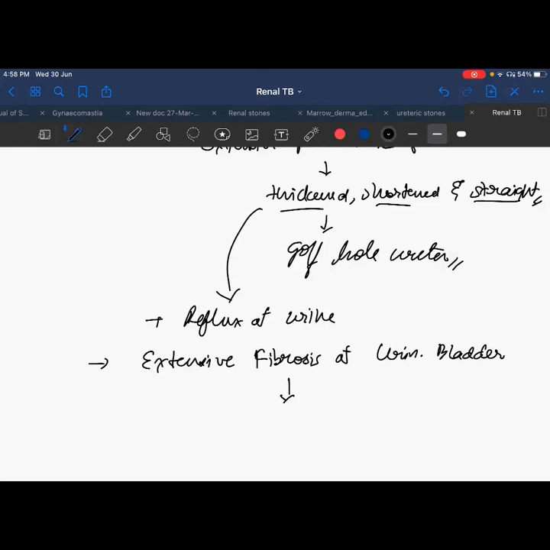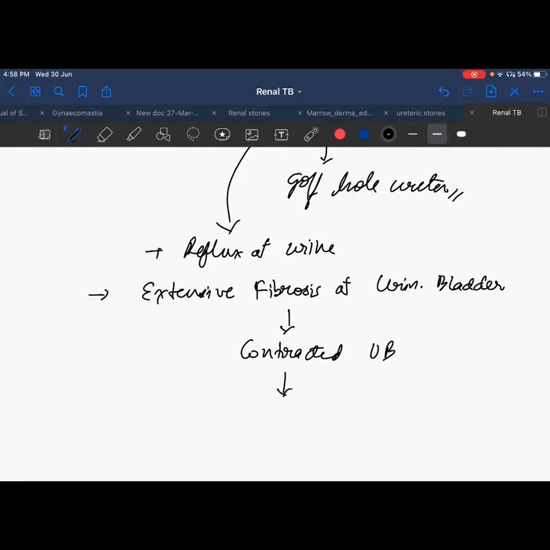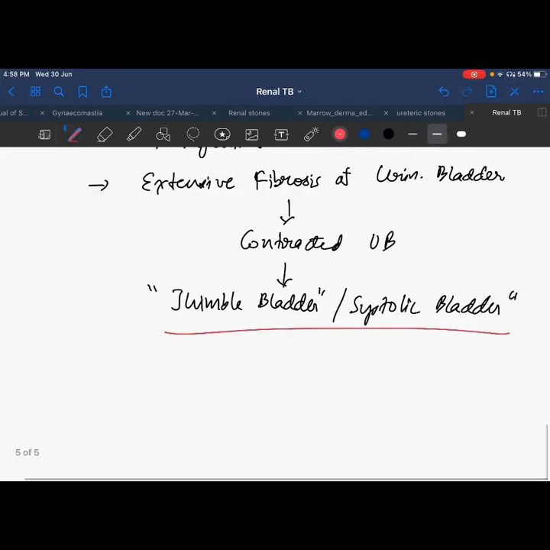There is reduced capacity to collect urine, and it will appear as if the urinary bladder itself is contracted. That's why it is known as a contracted urinary bladder. There is a name given to it: thimble bladder, or systolic bladder, because in any systolic condition, everything appears contracted. That's a systolic bladder.